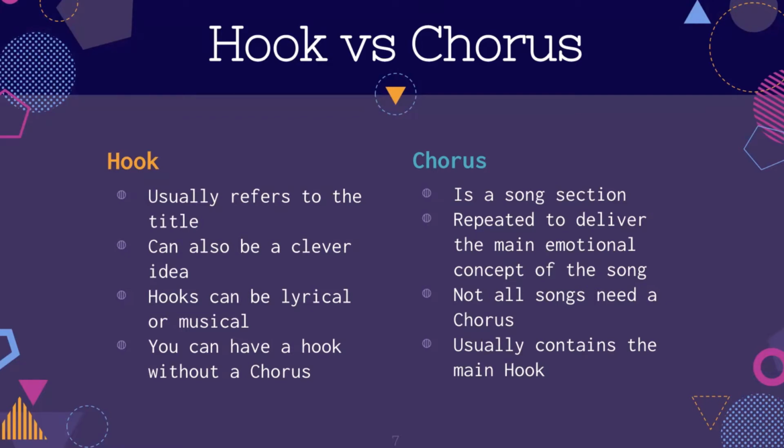And a chorus then is a song section that's repeated to deliver the main emotional concept of your song. Not all songs need a chorus, but choruses usually contain your strongest hook. So I think that's why people think that a hook and a chorus are the same, because they are so closely related, and a lot of times they are one and the same.